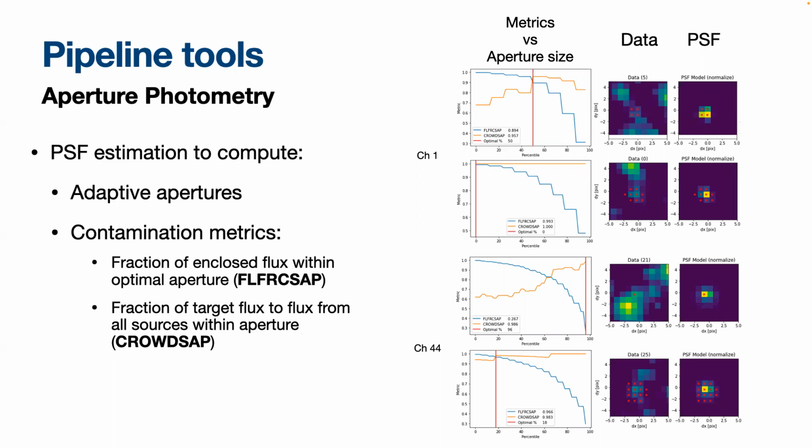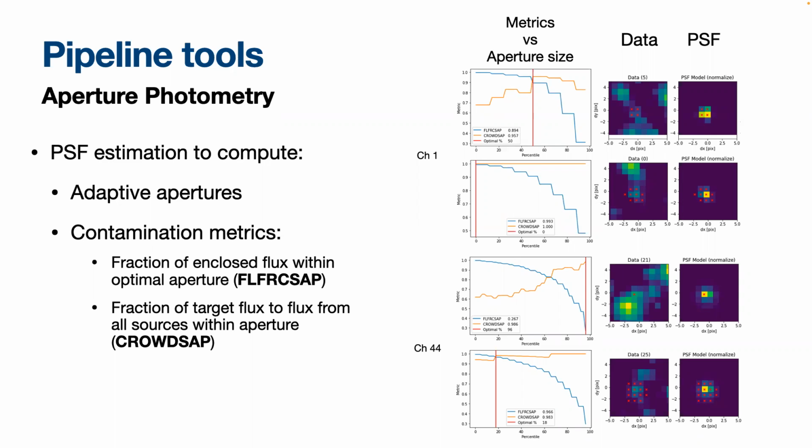And we can optimize that, or, for example, favor completeness or favor less contamination, etc. We actually try to have less contamination. That will mean a crowd sub metric close to 1. That is what the vertical line in the figure is signaling.